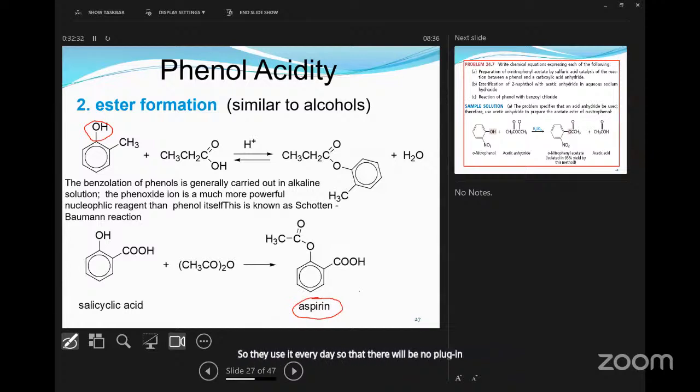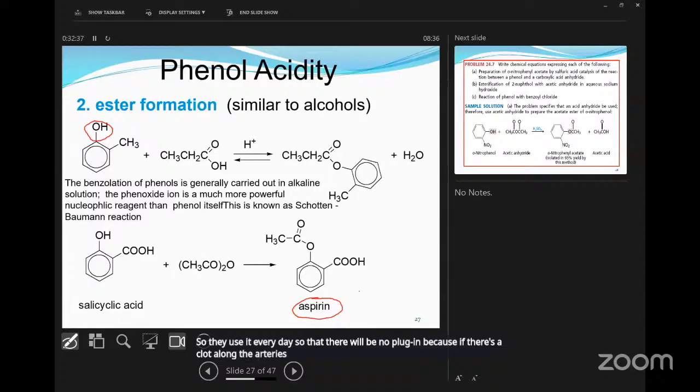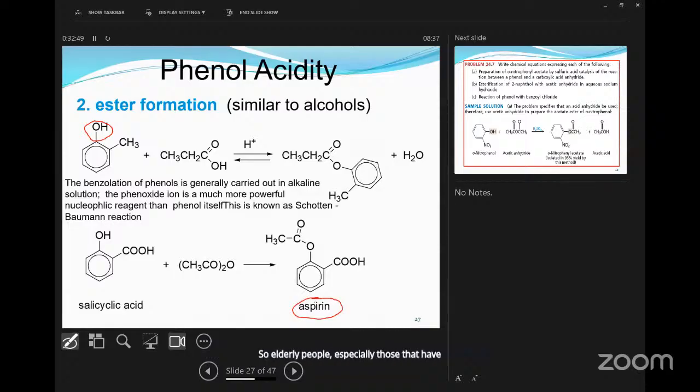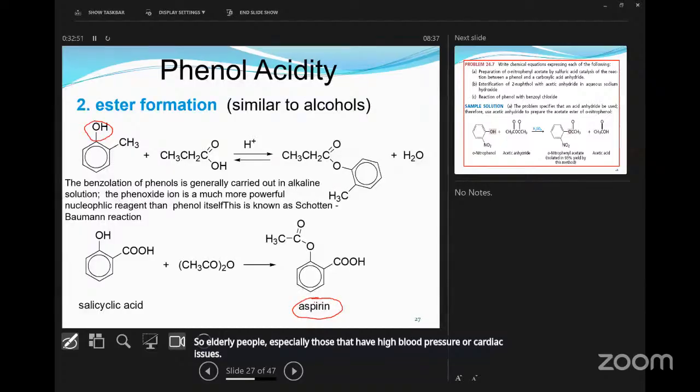Because if there is a clot along the arteries, there may be a problem. There might be heart attack. There may be blockage so the blood will not get to the brain, and that can lead to paralysis and all that. So elderly people, especially those that have high blood pressure or cardiac issues, are advised to use low dose aspirin every day. But the high dose aspirin, like 150 milligrams, is used to counter pain.